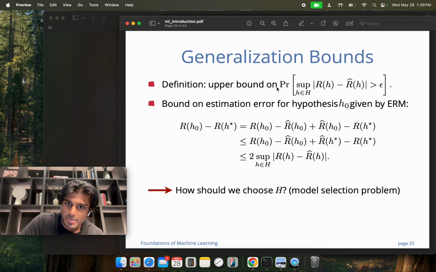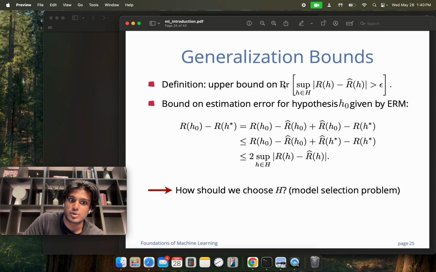If I can upper bound this, that means I can say that with probability at least one minus that upper bound, every hypothesis will have its true risk close to its empirical risk. I'm thinking of epsilon as a really small number, let's say 0.0001, so the true risk is really close to the empirical risk.